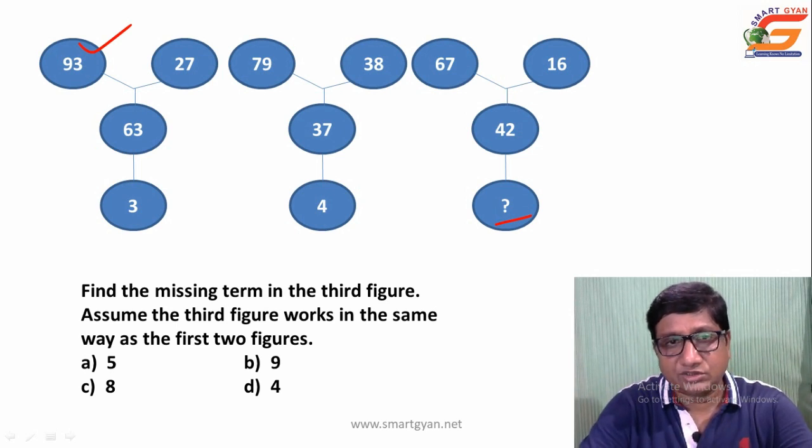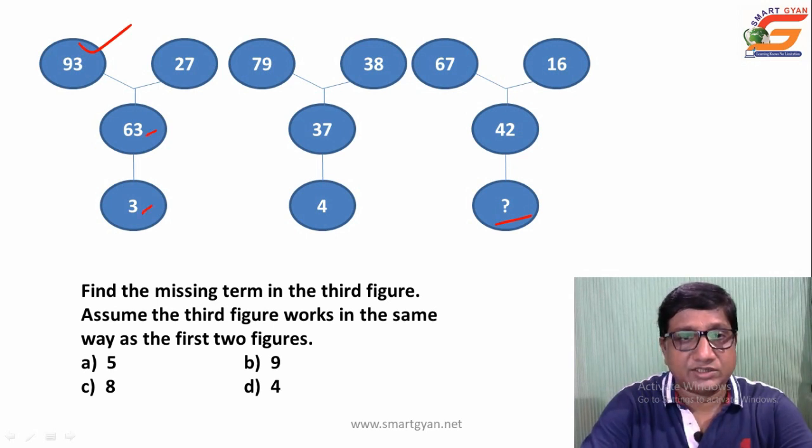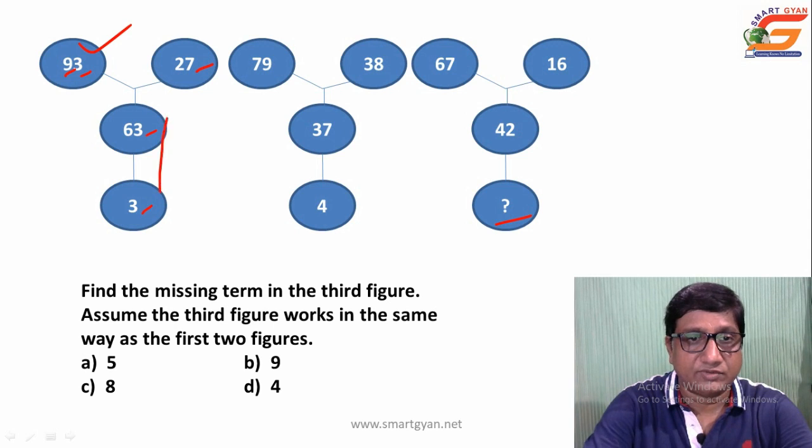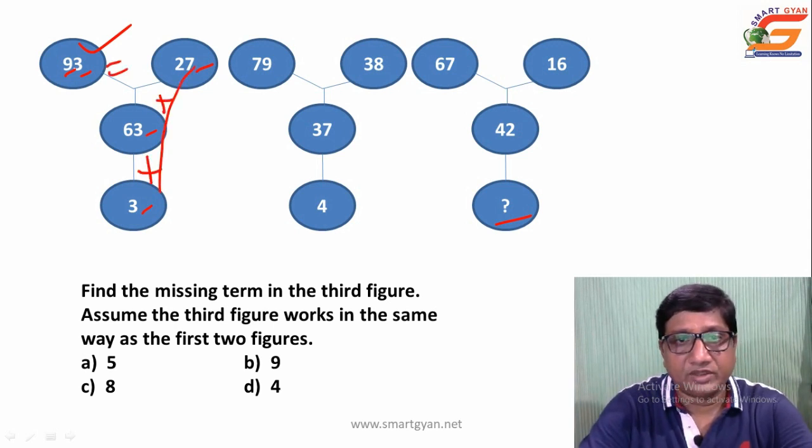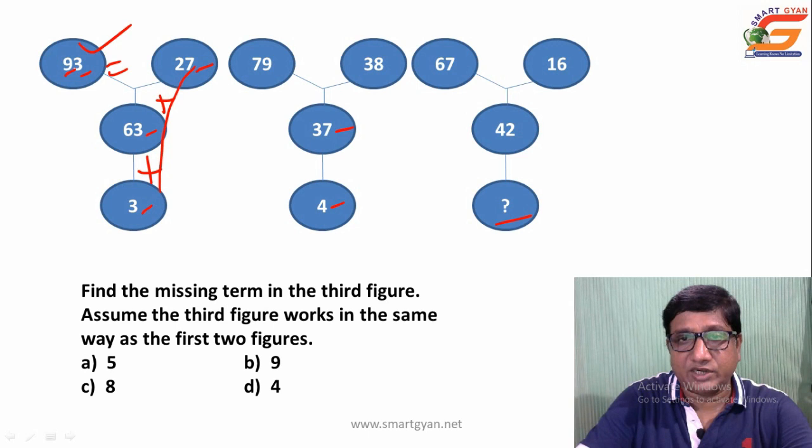So let us check the very basic operation, that is addition. 3 plus 3 is 6, plus 7 is 13, carry 1, plus 2 is 3, 6, 9. Yes, so the sum of all these is equal to 93. Let us check the second one the same way. 4 plus 37 plus 38.